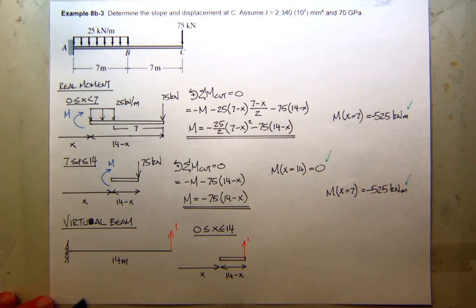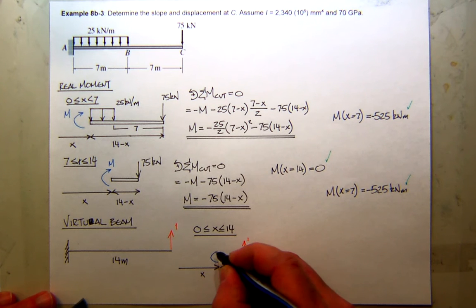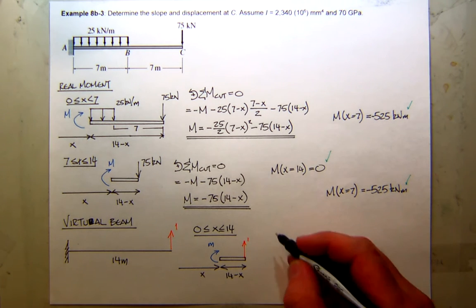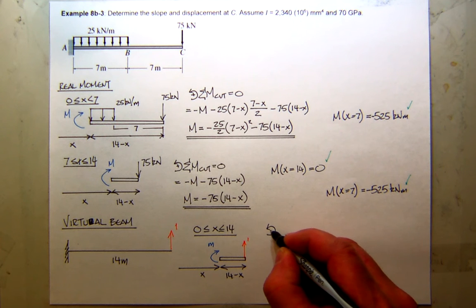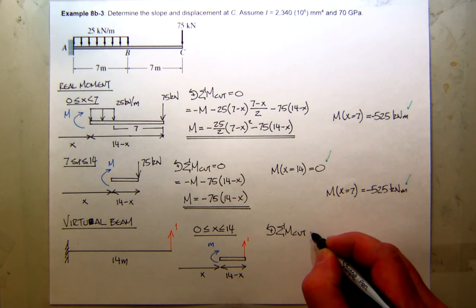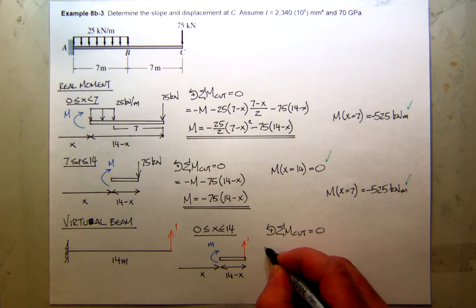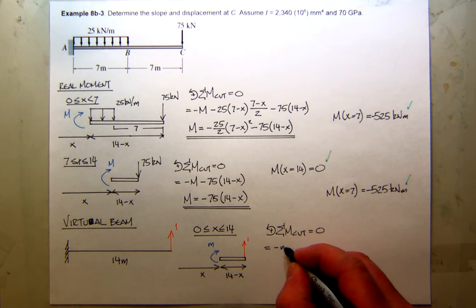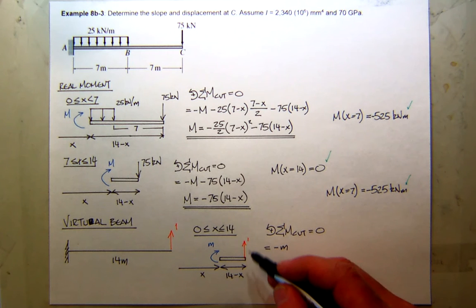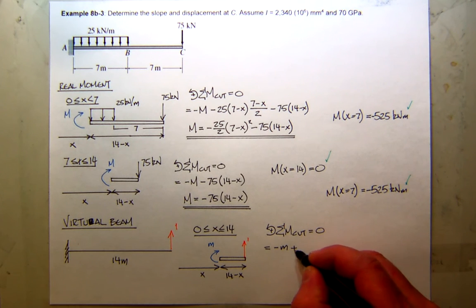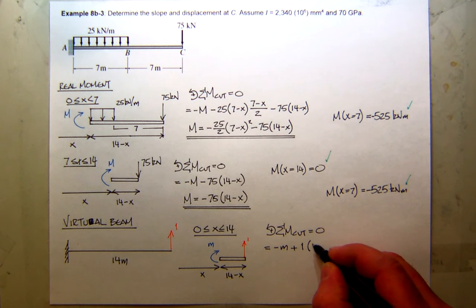So what I'm looking for now is my virtual moment in the structure. So again, I'll sum moments at the cut, make sure it's in equilibrium. And what do I have? Well, the internal moment is negative. The moment created by this virtual force about the cut is positive, and it has a value of 1 times 14 minus x.